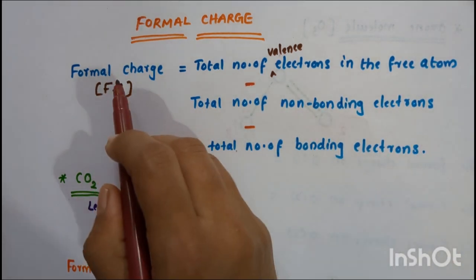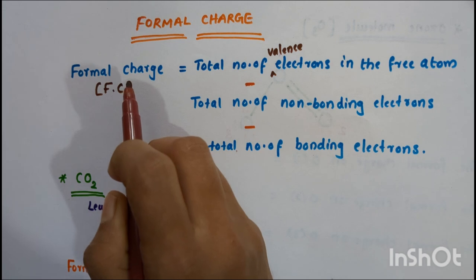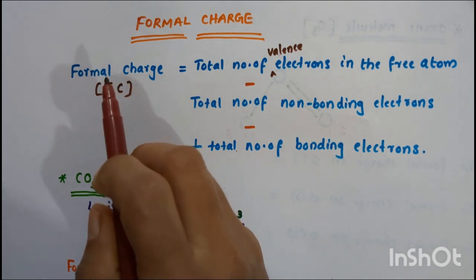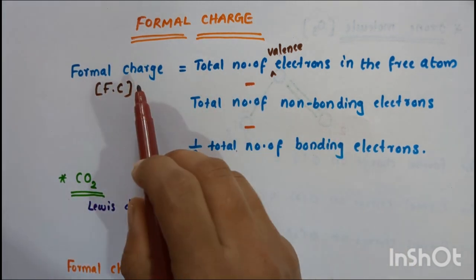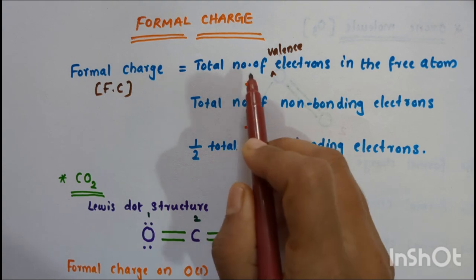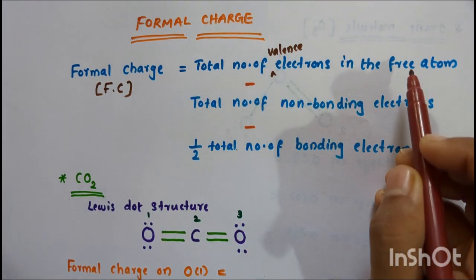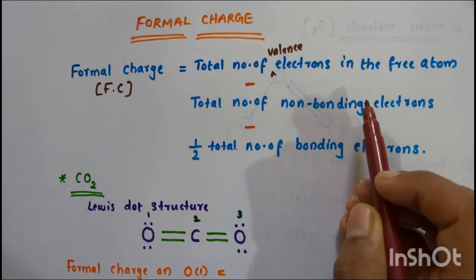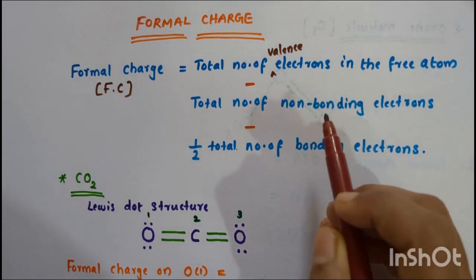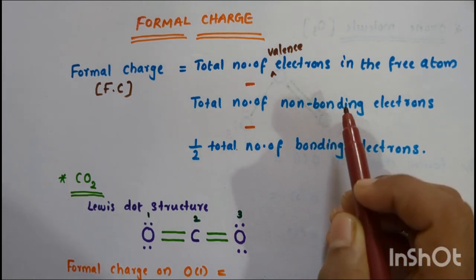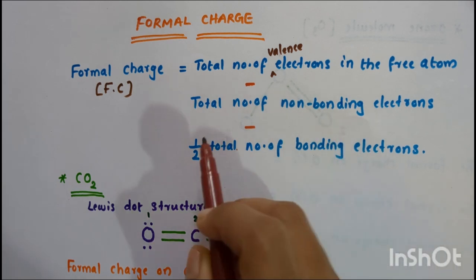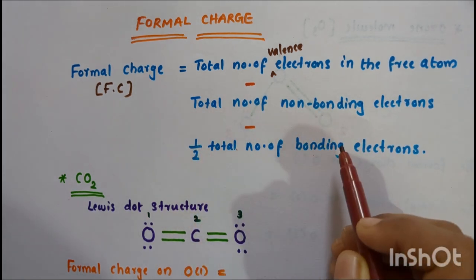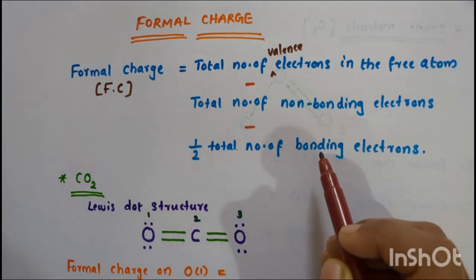That is, the non-bonding electrons are the lone pairs, the electrons which have not participated in the bonding, and the bonding electrons are the shared electrons.